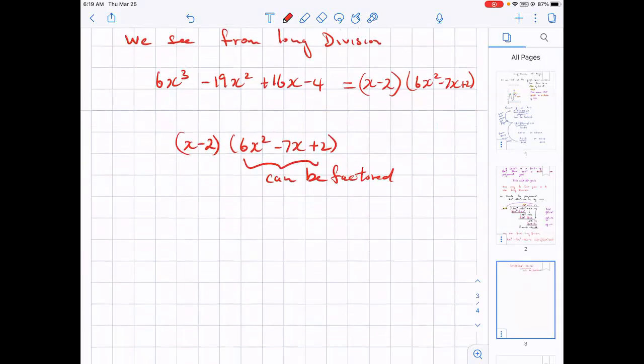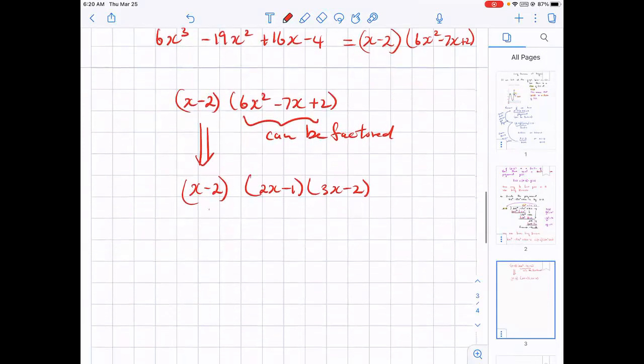And if we factor that, we will get 2x minus 1 times 3x minus 2. And if we bring this down, this becomes x minus 2. So these here are your factors, okay? Each one of these is a factor.